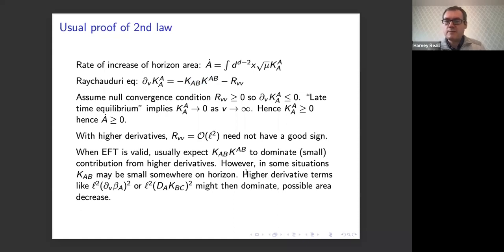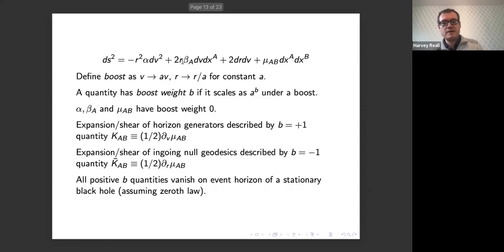And that's basically the problem that the Wall procedure is designed to fix. If you go beyond linear order to quadratic order, as we shall, then this term is now definitely there, but there may be situations where it just happens to be small somewhere on the horizon. Also, there's no reason a priori why this kind of term should dominate some of the possible higher derivative terms coming from RVV. There are things like this, for example, involving the V derivative of this quantity beta in the metric.